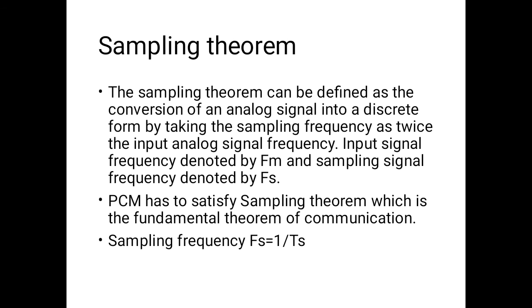If this Nyquist frequency criteria fails, the effect is called aliasing effect, and to remove this aliasing effect, the PCM code is passed through an anti-aliasing filter. You can see this in the block diagram given to you in the notebook.